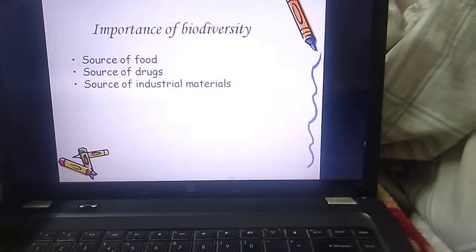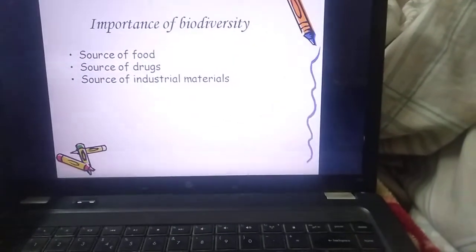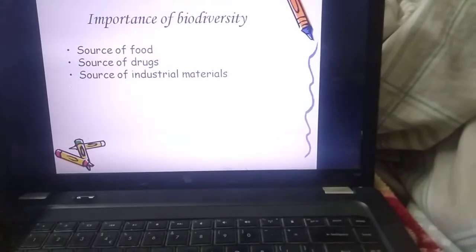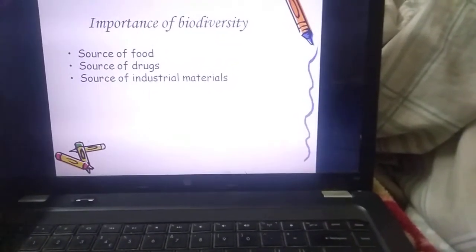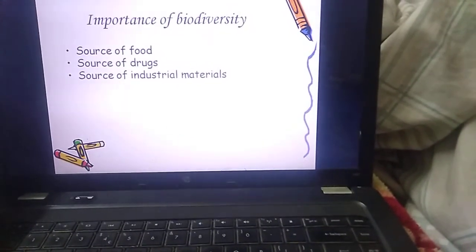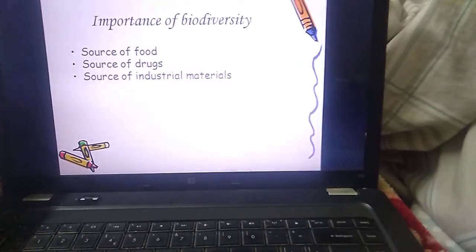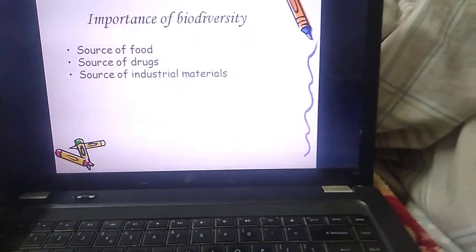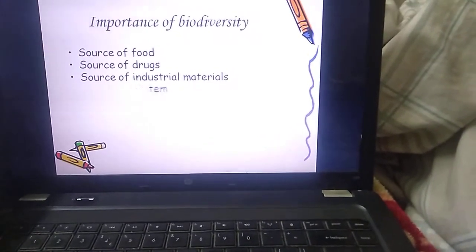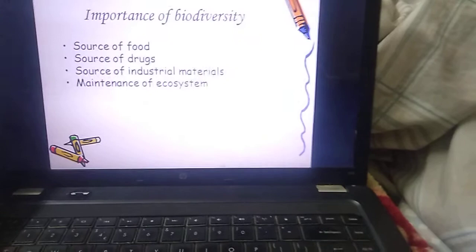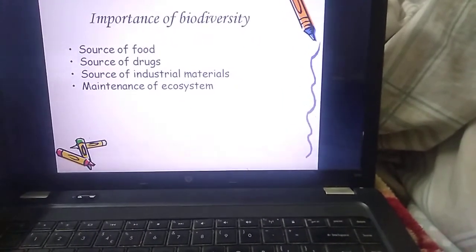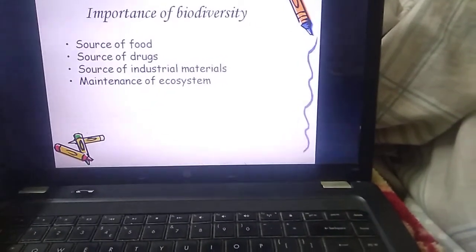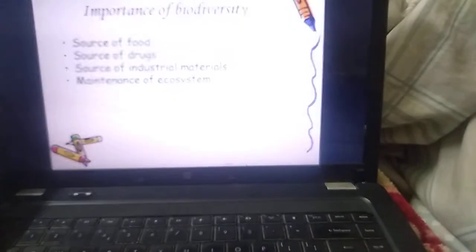Third point is source of industrial materials. A wide range of industrial materials, for example, building materials, fibers, dyes, resins, gums, rubber and oil, are directly derived or obtained from biological resources. Then comes maintenance of ecosystem. Biodiversity plays an important role in making and maintaining ecosystems.